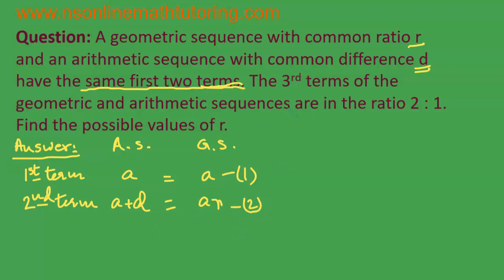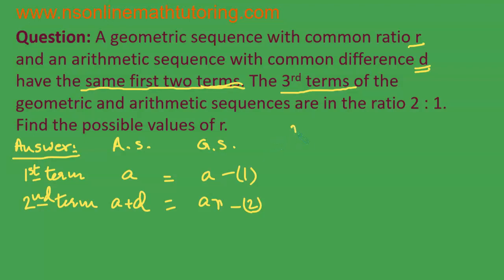Okay. Now the next information that we collect from this question is the third terms of the geometric and the arithmetic sequences are in the ratio 2:1.